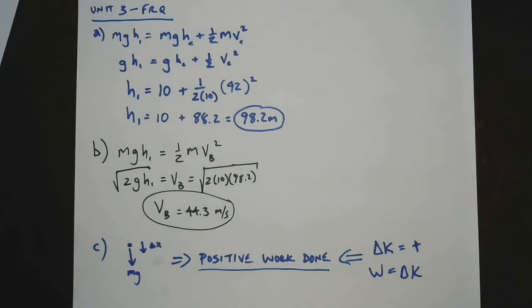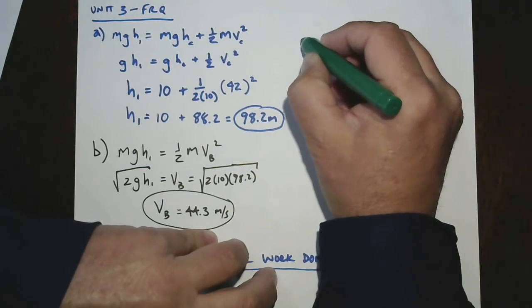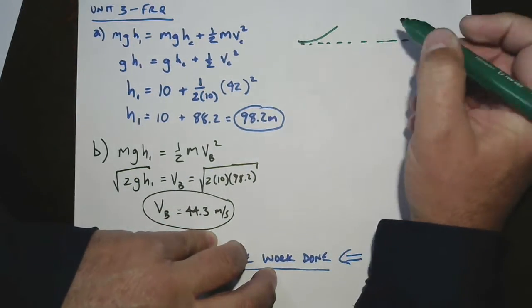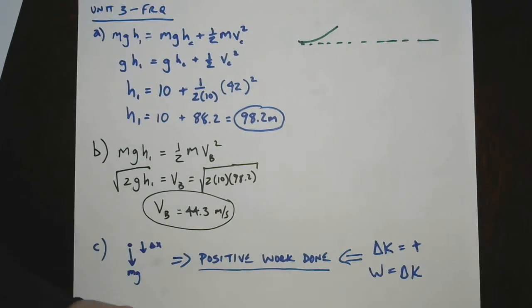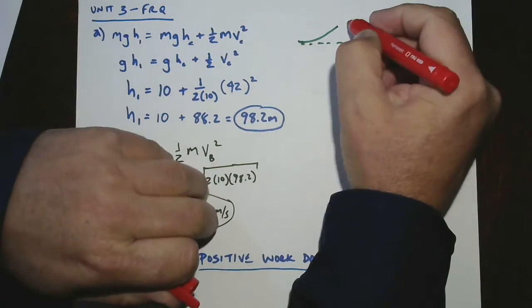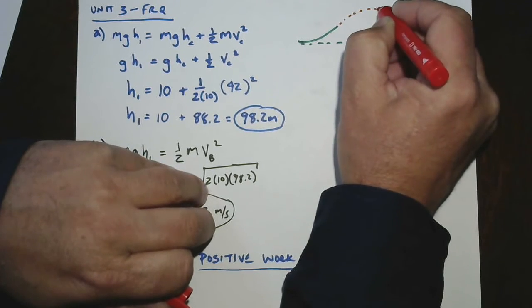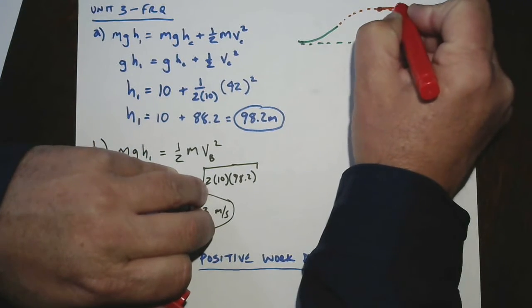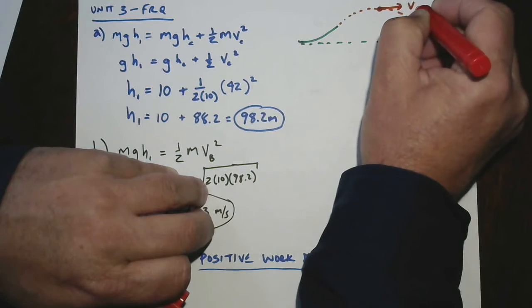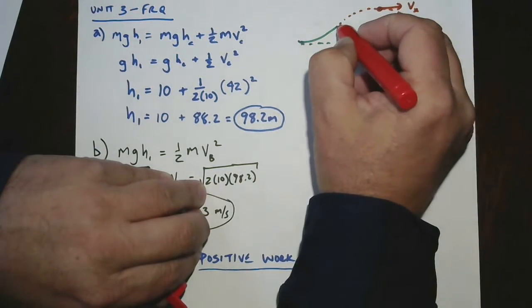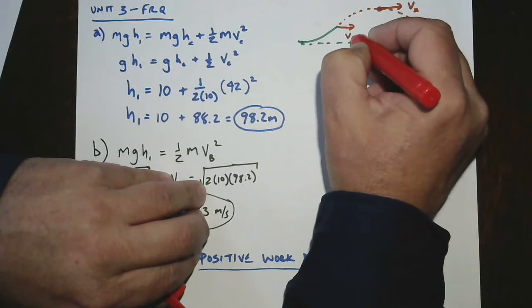But we can use a trick that we learned about projectile motion. Even though this skier is launched off of a ramp that's up high, the skier is going to travel along a parabolic trajectory and land on the ground over here. At the highest point, the velocity is equal to just the x component of the velocity, and that's the same x component as at the point of launch.